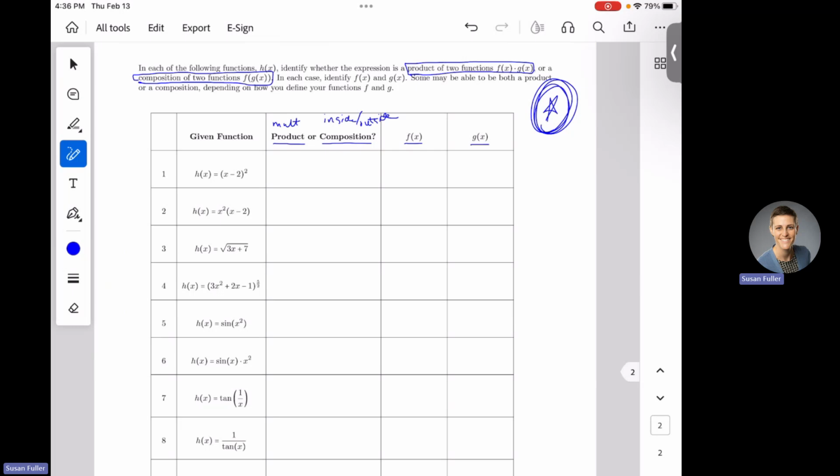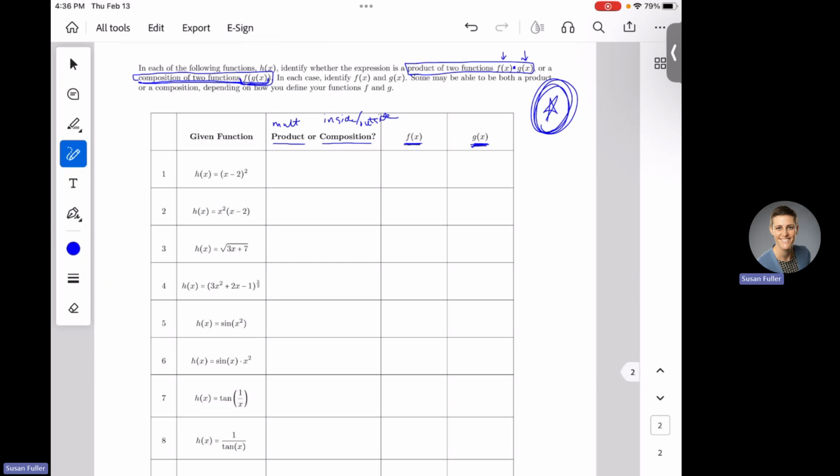Now, for a product, this is what we're used to doing. For a product rule, you call your first function f of x, you call your second function g of x. So that's going to be the first and the second functions that you're multiplying. That's how we identify f and g for a product. With a composition, notice it's going to be f of g of x. g of x is inside f of x.